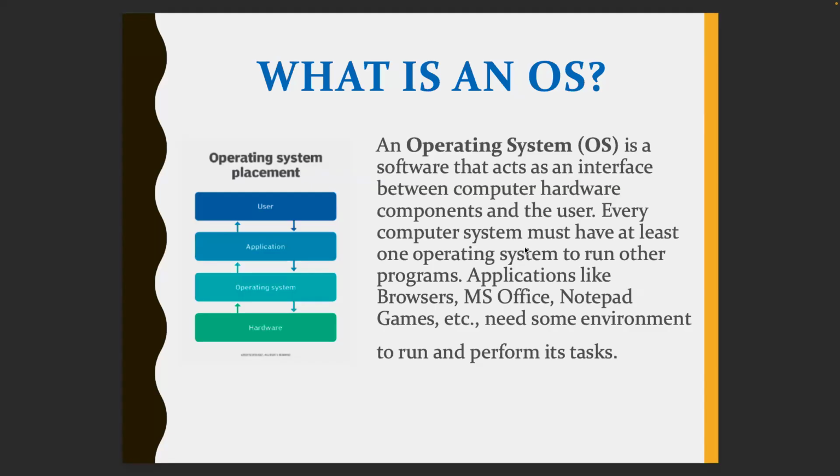For all of that, you need an operating system, which works like an interface between the user and the hardware components to perform any task. Every computer system must have at least one operating system to run the applications or programs. It could be just opening a small notepad, a paint window or a Word document, whatever it is. You need an interface, which is an operating system.